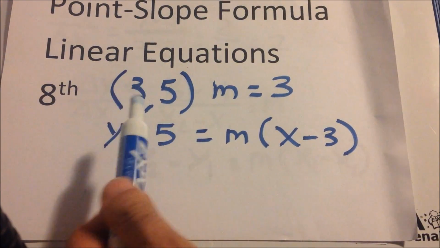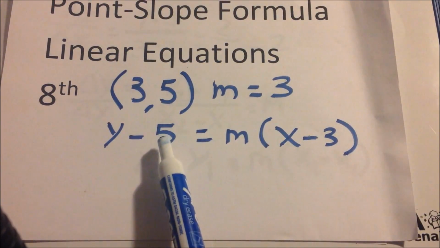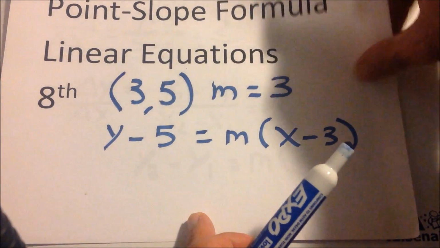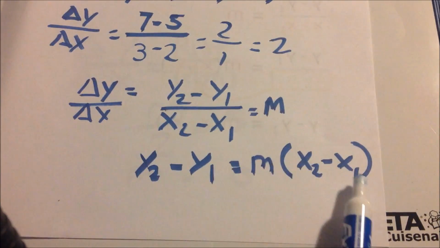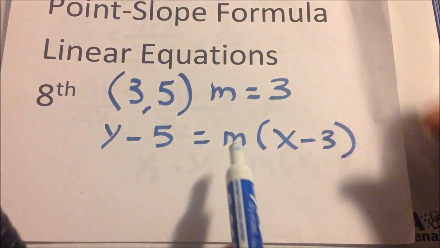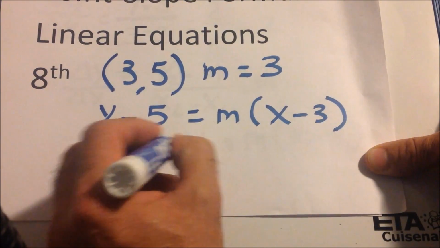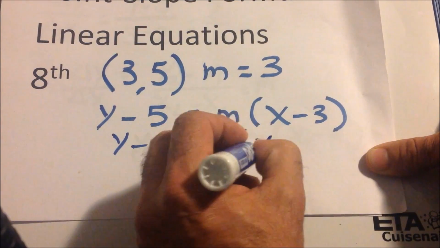So basically we have the second y alone and the second x alone, and we fill in the first y and the first x. We already know what m is, so now we're saying y minus 5 equals 3 times x minus 3.